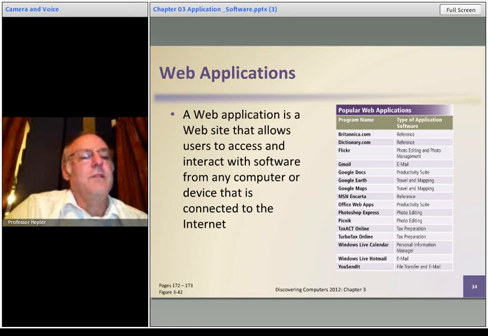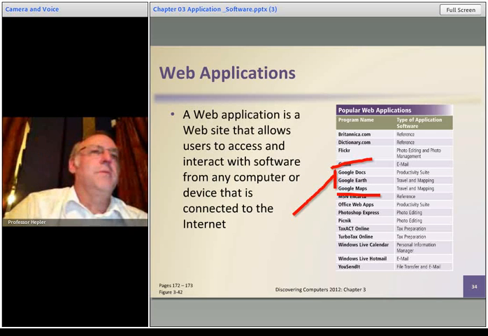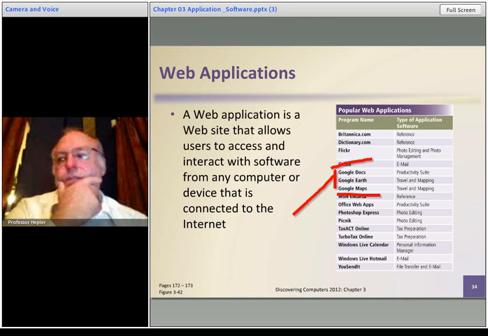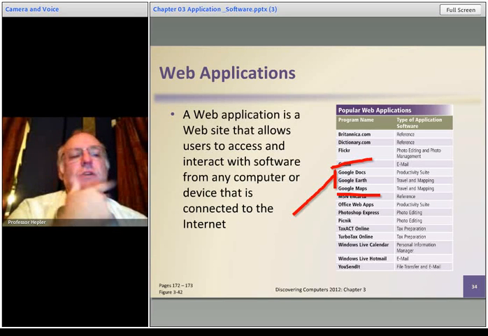And here are some other examples. You've probably used some of these. Google Docs, the Google Suite, as I would call it, are web apps. Google Docs is a way to use the cloud by uploading your documents, and Google will accept Microsoft documents like Word, PowerPoint, Excel, and others, and it will convert that file into a Google format.